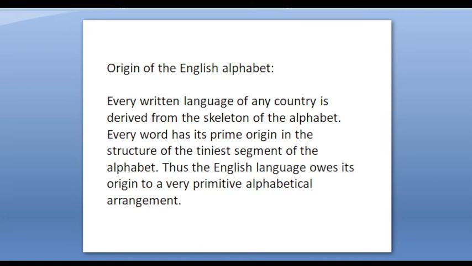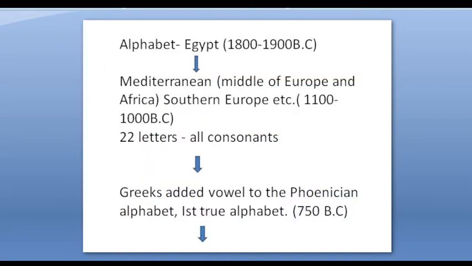Thus, the English language owes its origin to a very primitive alphabetical arrangement. There is a chronological, point by point evolution of alphabetical order in the history of language.